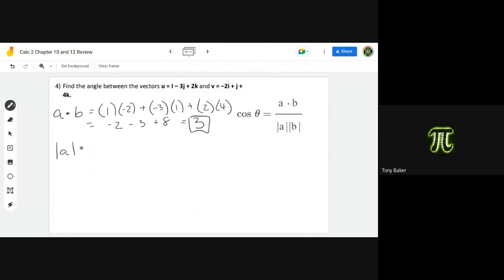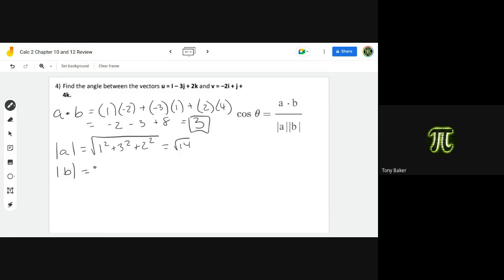Now I find the magnitude of A. So 1 squared plus 3 squared plus 2 squared. Remember, it's squared, so the signs always are positive. I just didn't feel like putting parentheses on this one. So I've got 1, 10, 14, so the square root of 14.